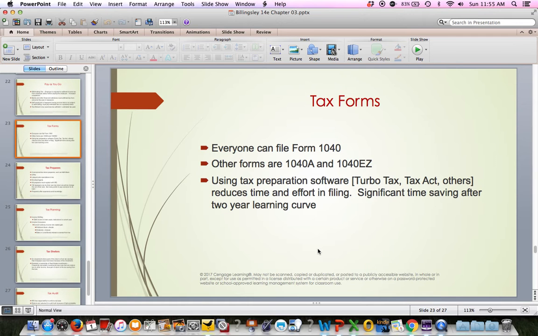So there's lots of ways to get taxes done. Some people do it on their own after they buy software. Other people will go somewhere and hire somebody, like an H&R Block or whoever it is, or go through a CPA. But there's lots of ways to do it, depending on your level of income and how complex your earnings are, which should really help you to decide what to do.